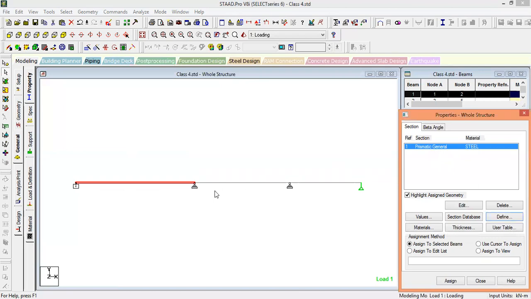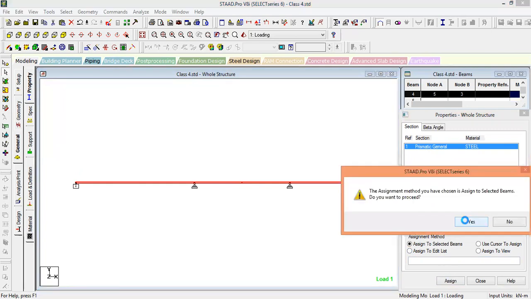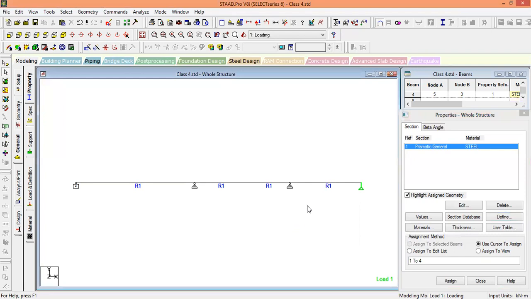Whatever values are to be specified for each beam, you can select that beam and assign. But in this case, we have taken all the spans as I, so I will select all the beams, then go to assign to selected beam, then assign. Okay, this is what you can do.